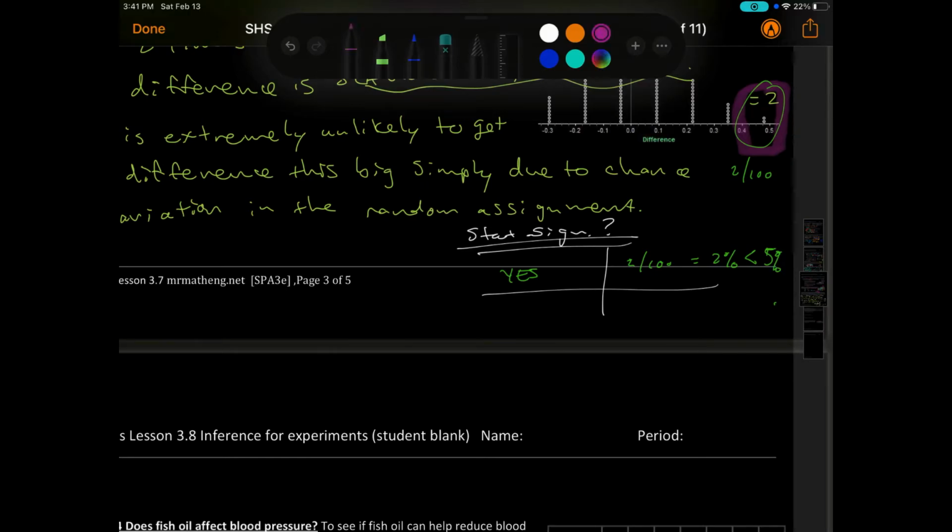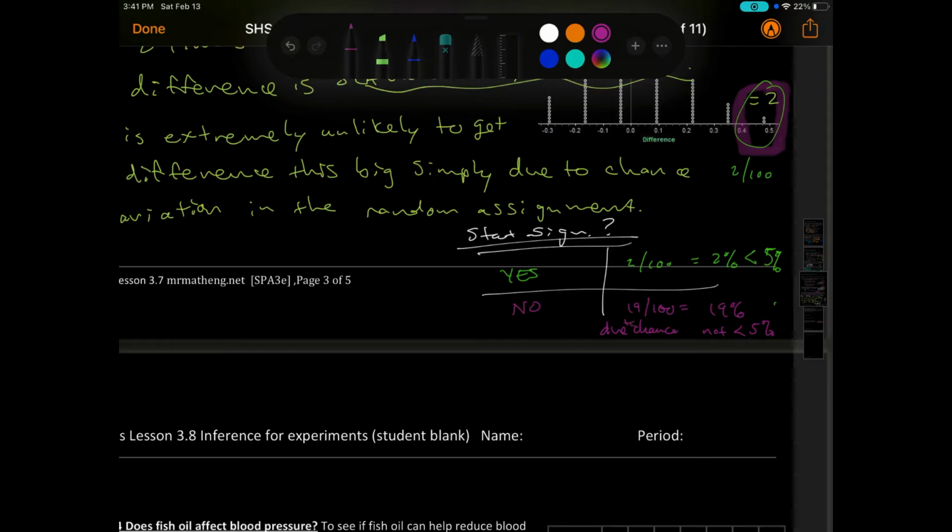5%. In the problem above, we said it was not statistically significant because it was 19 out of 100, which is 19%. And that number is not smaller than 5%. So what can we say? This one can be due to chance.